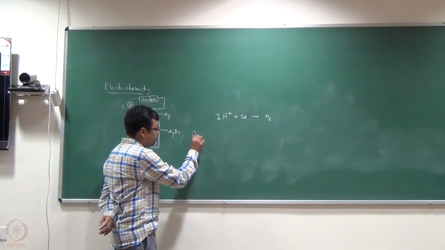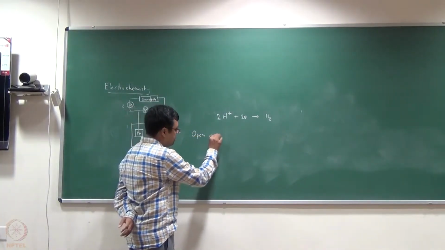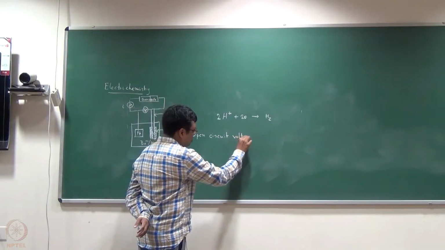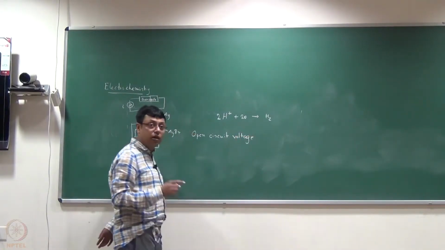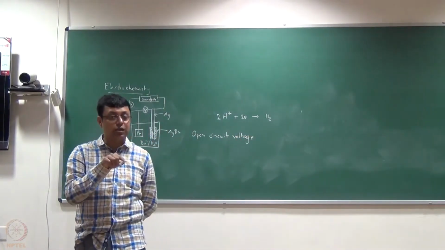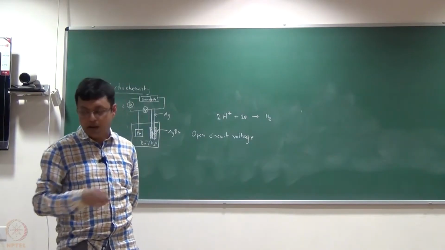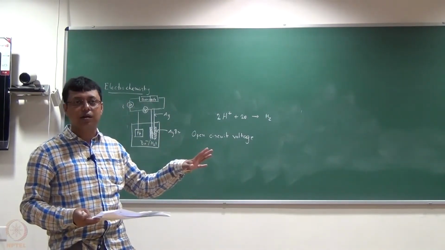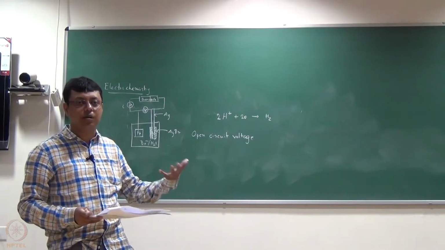So basically open circuit voltage corresponds to a voltage or potential where my current will be zero. So it is not always necessary that the zero potential will give you the zero current, because I'll always have a residual potential difference.